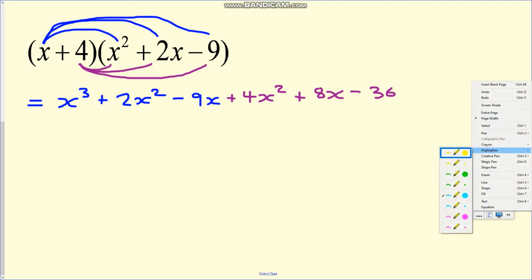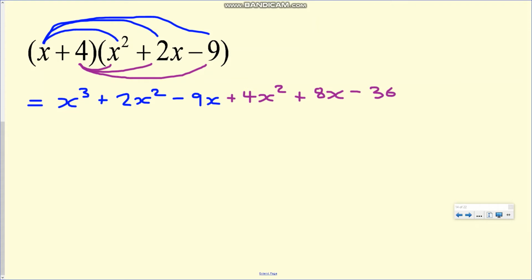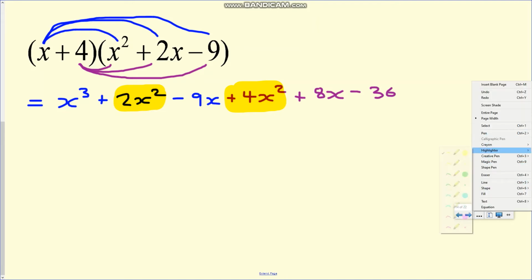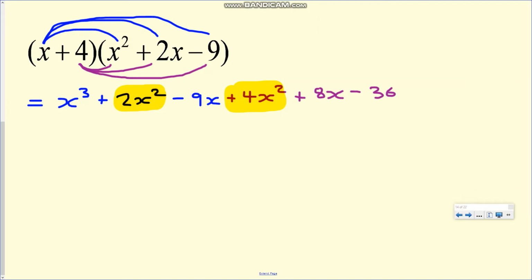Okay, again with my highlighter, I'm going to go through and look for things that can be collected, like this 2x squared here and this plus 4x squared here. Those two sets of terms can be collected, as well as this negative 9x here and this plus 8x here.